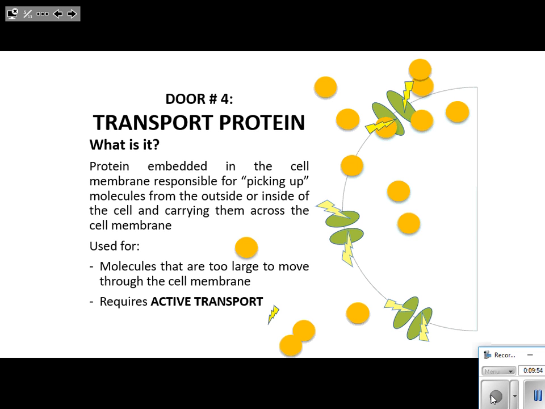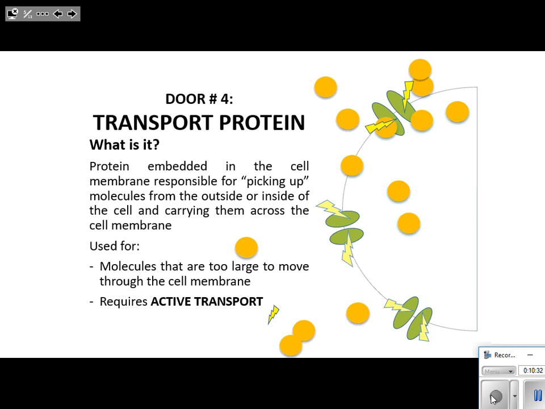Transport proteins are proteins that are embedded in the cell membrane and they're responsible for picking up molecules from the outside or the inside of the cell and carrying them across the membrane. It's kind of like a tunnel. Okay, these transport proteins are kind of like a tunnel through the membrane. These molecules are too big to pass through the phospholipid bilayer of the cell membrane.